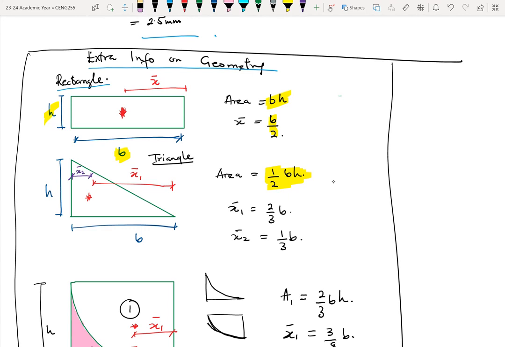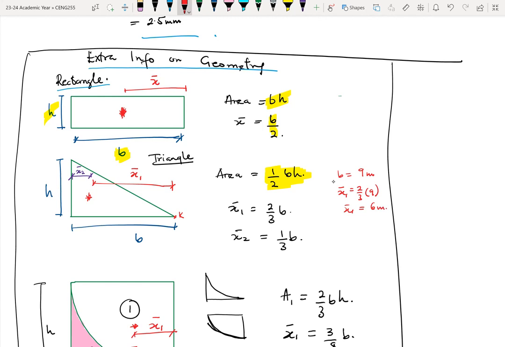All right. So to find the moment arm from the center of gravity of the triangle towards the right, let me call this point K. That distance x1 bar will be 2/3 the length of the base. For example, if the base is 9 meters, x1 bar will be 2/3 times 9, which gives us 6 meters.